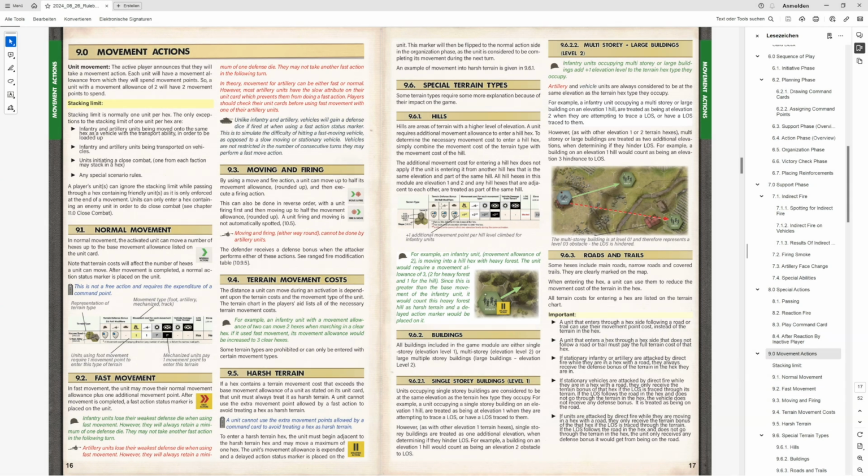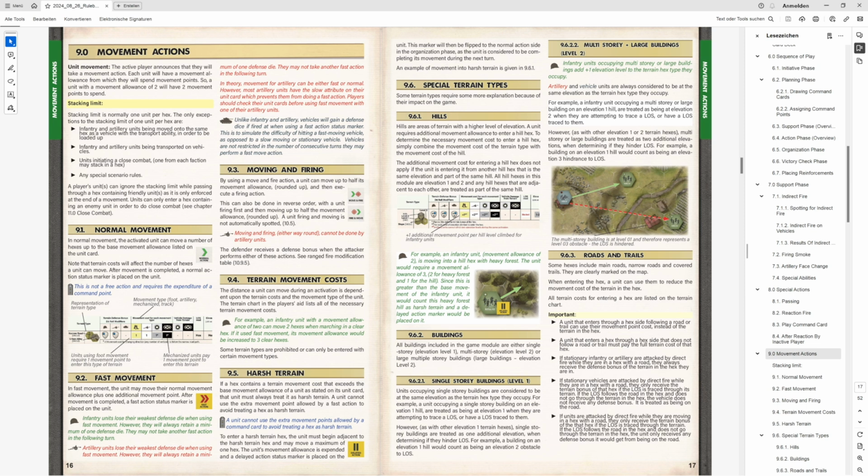Coming to normal movement. With normal movement, the activated unit can move up to the number of its base allowance. So it's a normal action, and the terrain costs are important to see how far you can go with your unit.